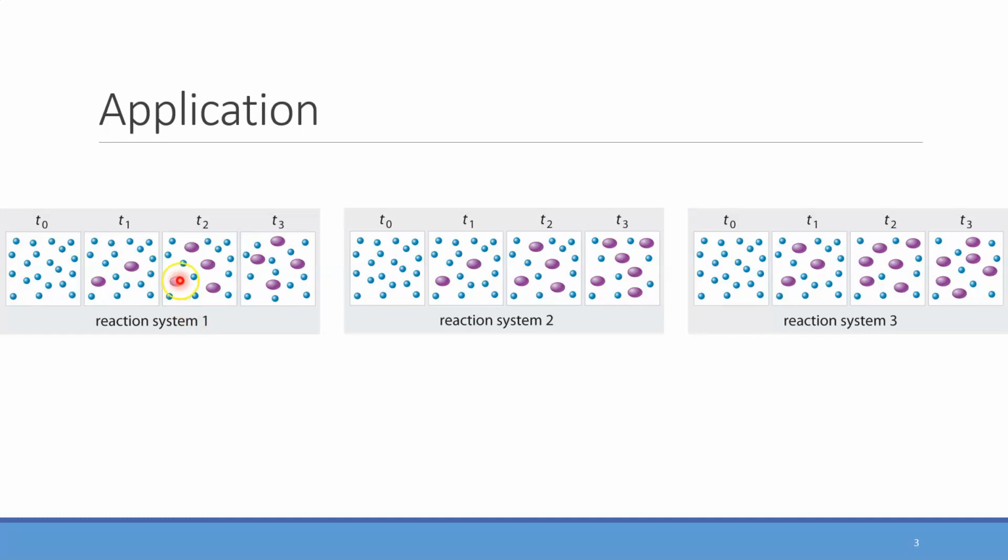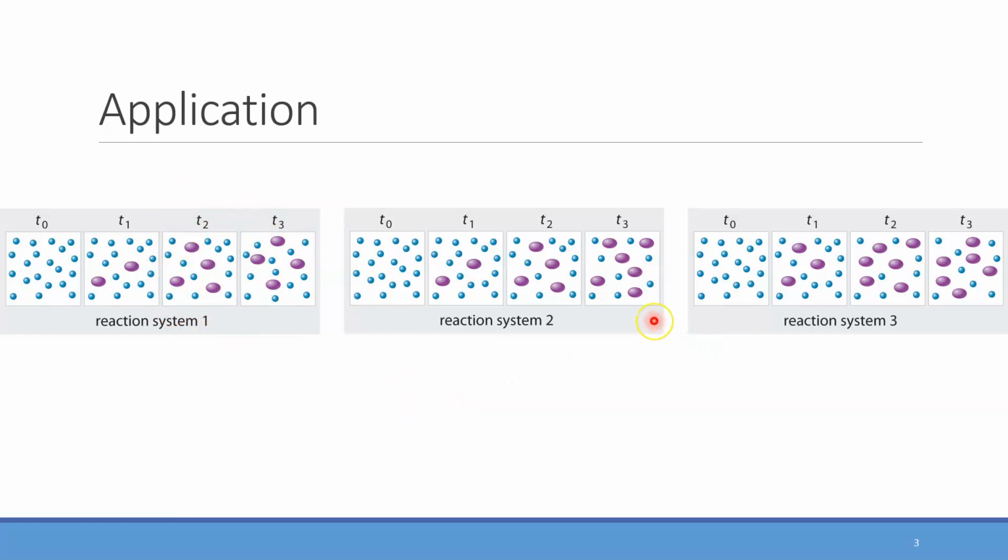So for example, at time 2 and time 3, they're at equilibrium, but this one has turned back into a blue circle, and this one up here may have turned into a purple oval. So you keep the same total number, but the reactions are still occurring.